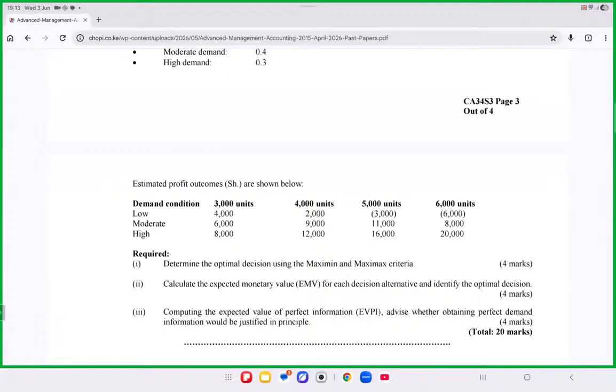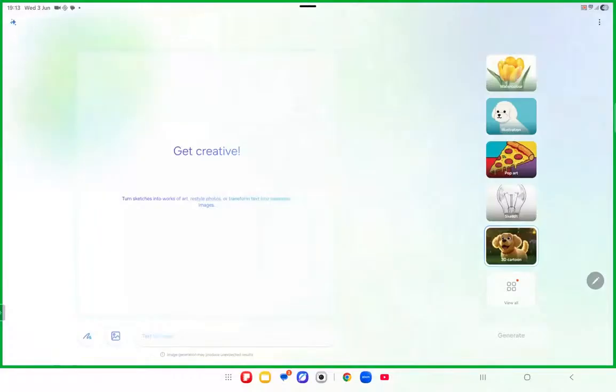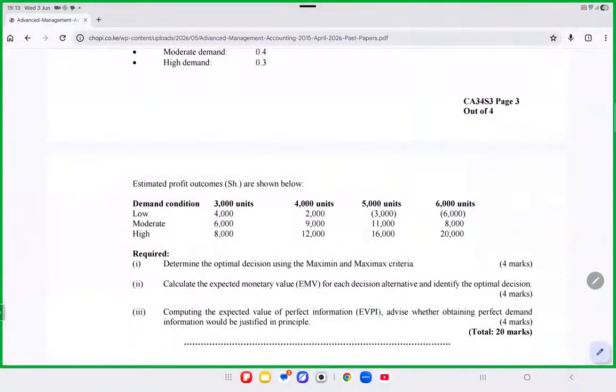The first thing you ought to have realized in this question, ladies and gentlemen, is the fact that the payoff table needs to be transposed. The payoff table here needs to be transposed so that states of nature are on the top, isn't it?